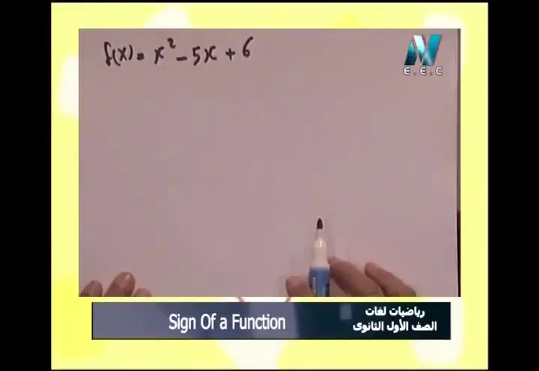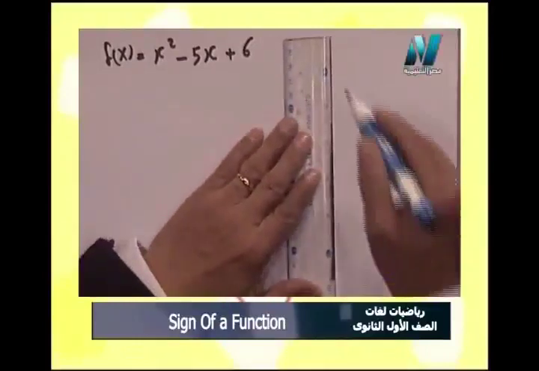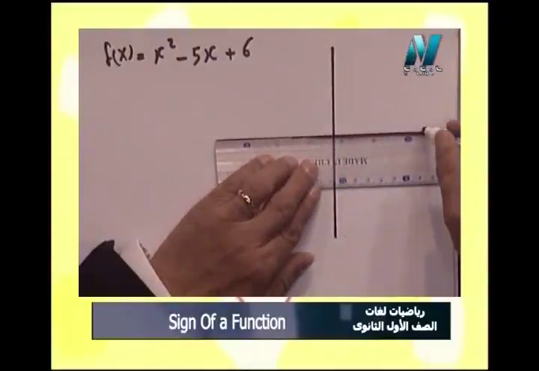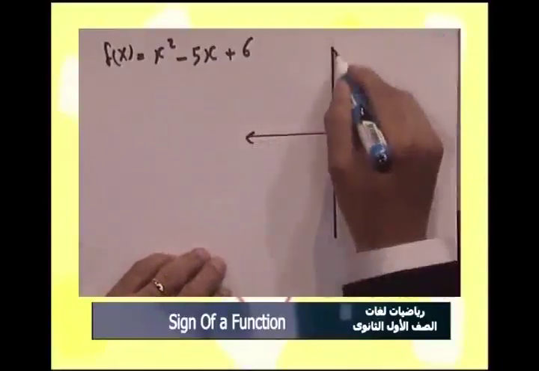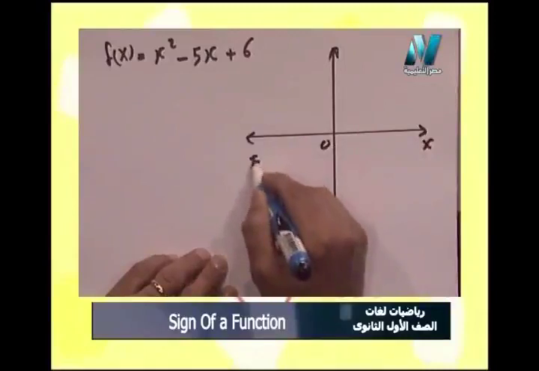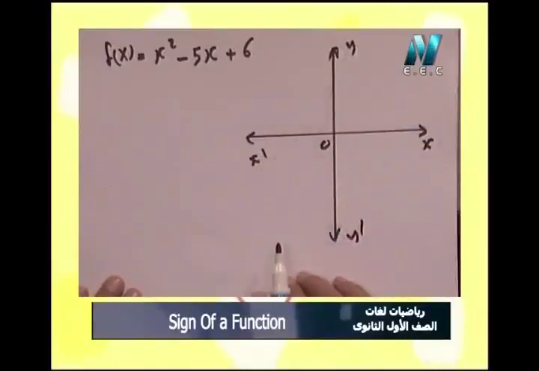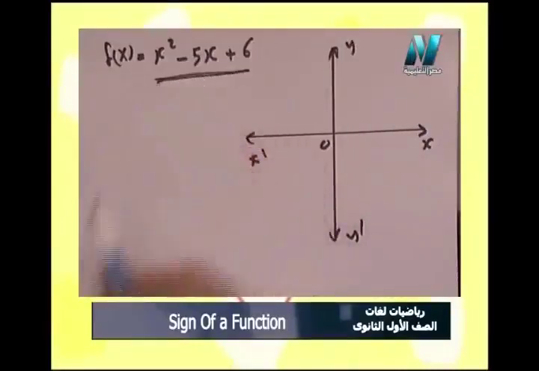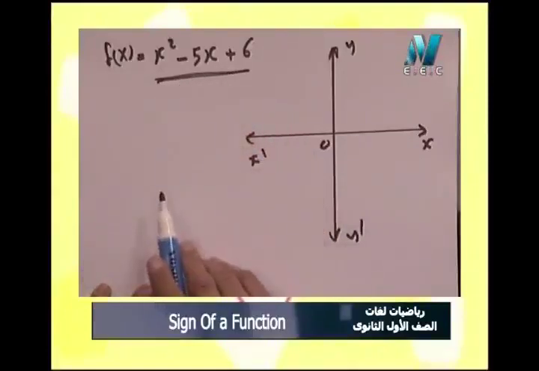We know that if we would like to represent this function, we will draw the y-axis here and also the x-axis like that. Here is ox, ox dash, oy, and oy dash. And we will discuss the roots. What are the roots of this function?